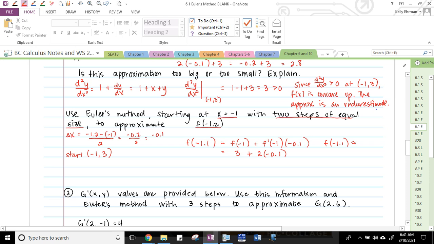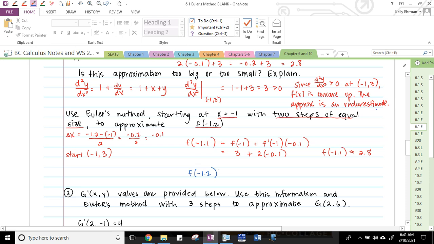Remember, this is what we got for our first approximation anyway. That came out to 2.8. That's not the approximation I want, but if I take one more step to the left, another step of negative 0.1, that will land me at negative 1.2.